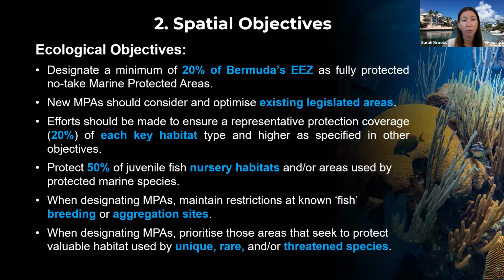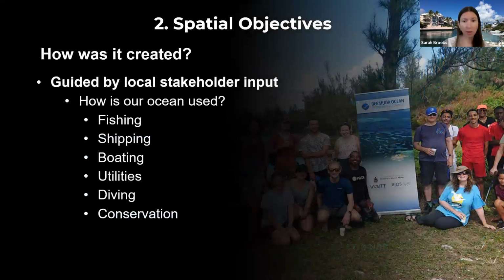When designing marine protected areas, maintain restrictions at known fish breeding or aggregation sites. And when designing MPAs, we should prioritize to protect areas that protect valuable habitat used by unique, rare, and threatened species.